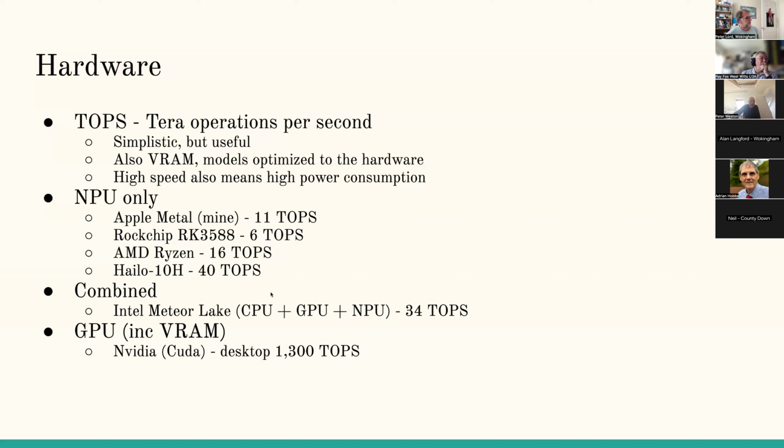Now, the high-end guys, the NVIDIA, you can spend a fortune on these GPU cards designed to accelerate graphics, but are also good at running generative AI tools, and you can get ridiculous speeds out of these.